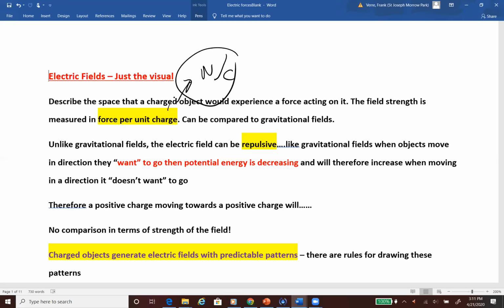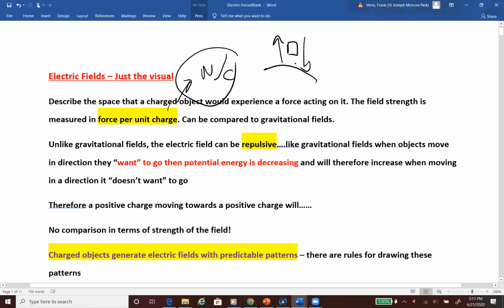And if you remember from grade 11, something would have its potential energy increase if you lifted the object, right? So if I have an object that is being lifted away from the surface of the Earth, for instance, its potential energy would increase, and if it was being brought back down, its potential energy would decrease.